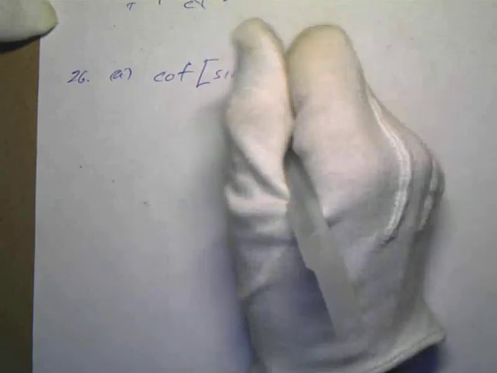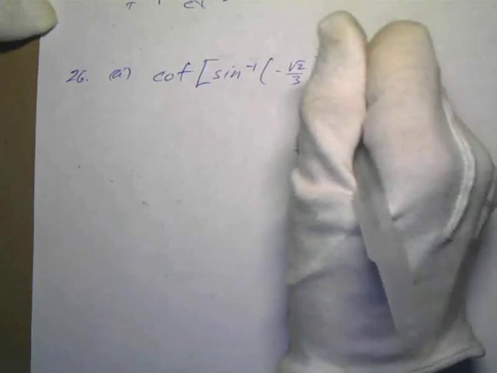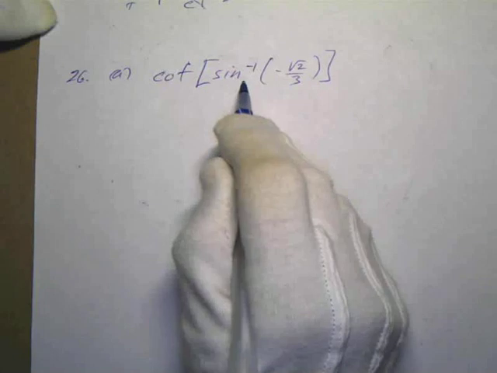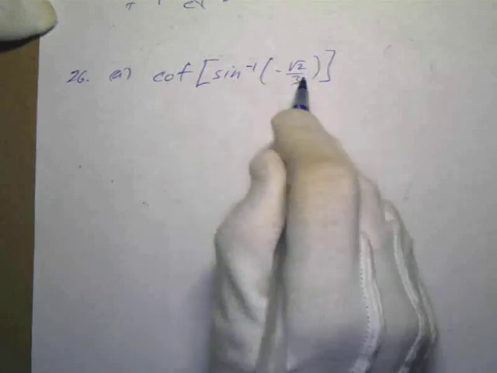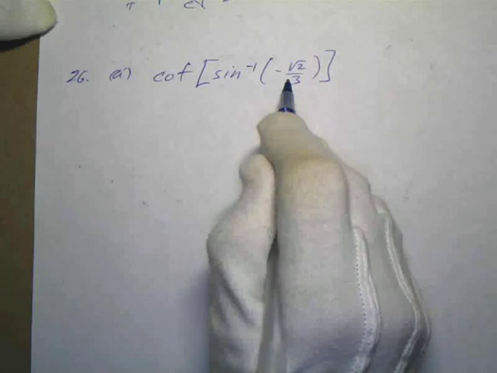So the cotangent of the angle, remember we said that when you read this, that's the sine inverse. This is an angle whose sine is negative the square root of 2 over 3. Now we know that the inverse sine exists only in two quadrants, either 1 or 4, because that's the domain.